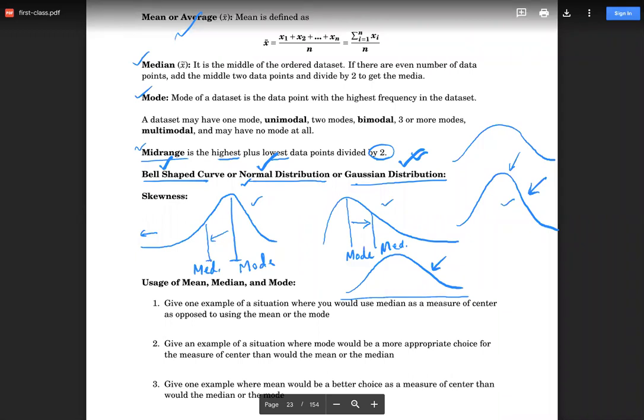Now, for a data set with no skew, the mean, median, and mode all coincide at the center, right in the middle.